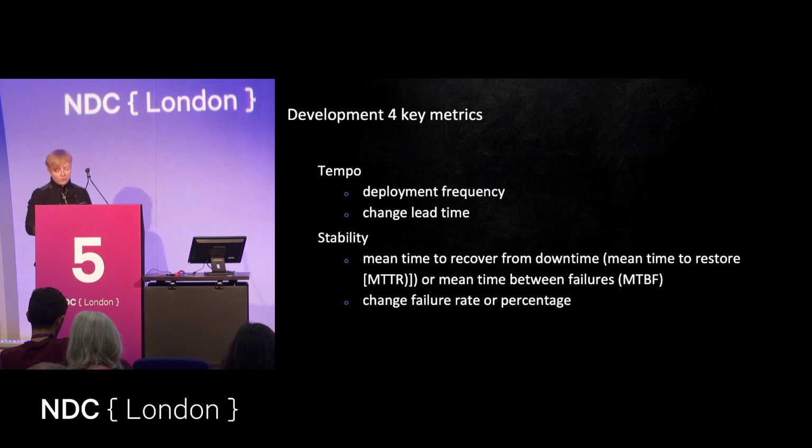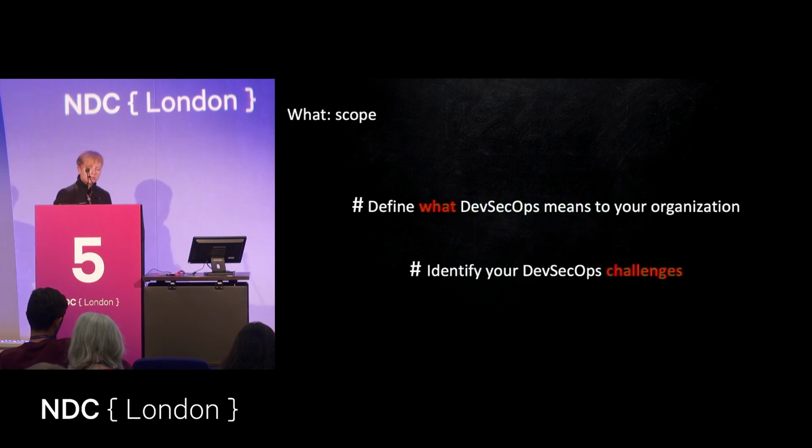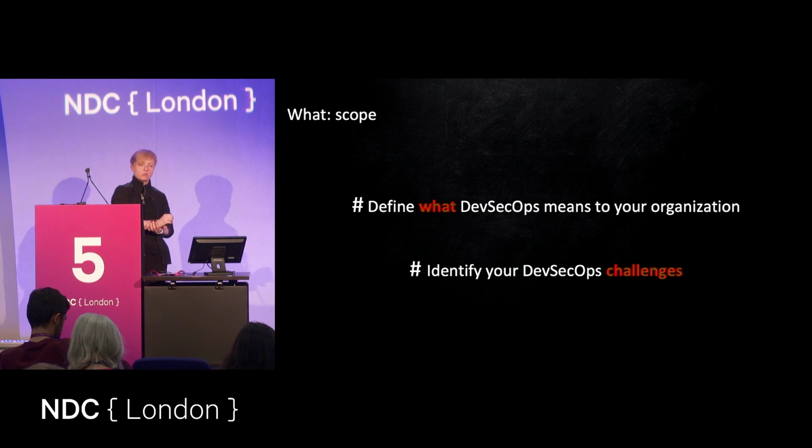So the next question is, okay, what exactly do we need to measure in DevSecOps? And here is, first of all, the reason why I asked how many of you are doing DevSecOps. You need to define what DevSecOps is for you, for your organization. Is it just about the automation of the security? And which is fine. You don't need to focus on all 3 areas of process, tools, and people.